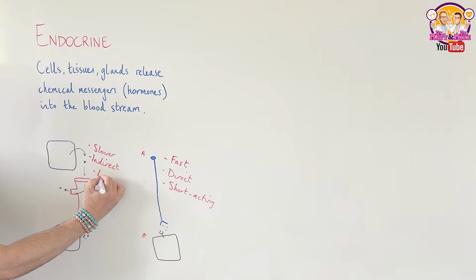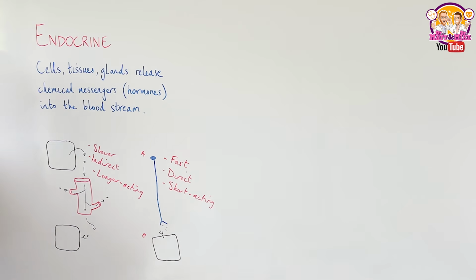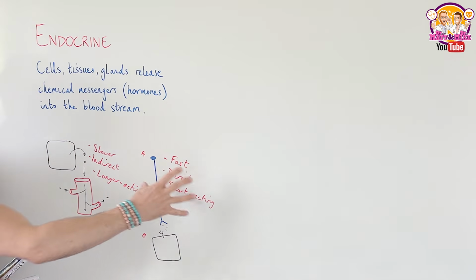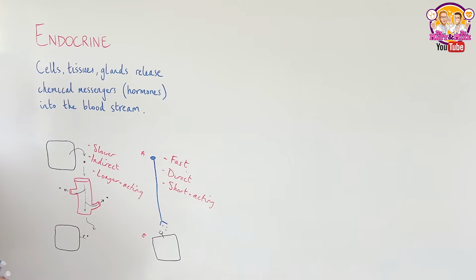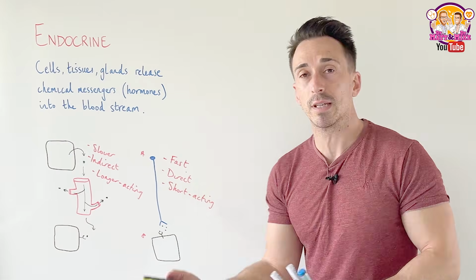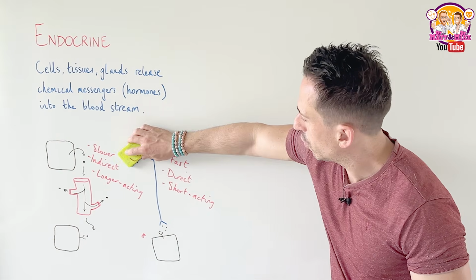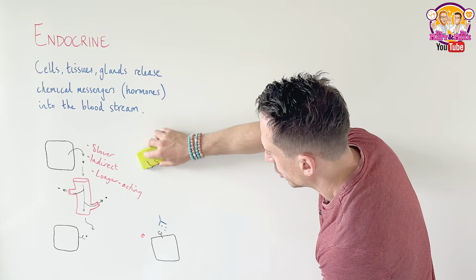But hormones are longer acting. I don't want to say long because then I'll have to give you a time frame, but it's longer acting. So they have a longer half-life in the system compared to neurotransmitters. So as you can see, there are some important differences between the endocrine system and the nervous system as communication networks. Now I want to talk to you about what these hormones actually are.